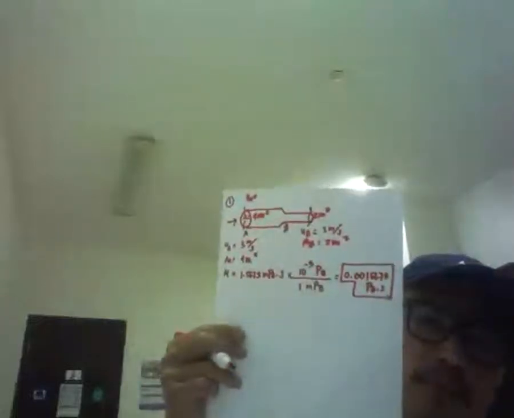And then our area changes. From 4 it became 2 square meters. So area B is 2 square meters.